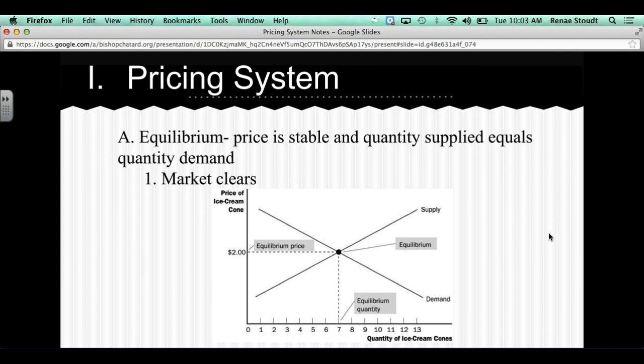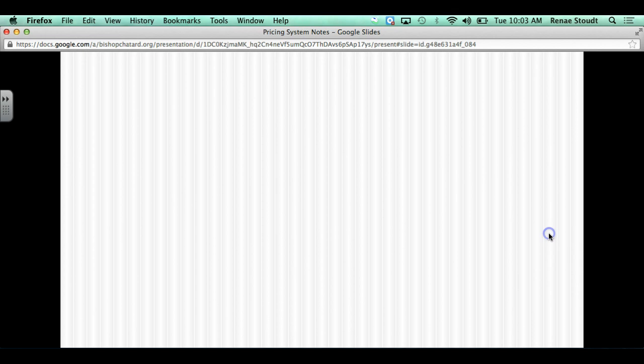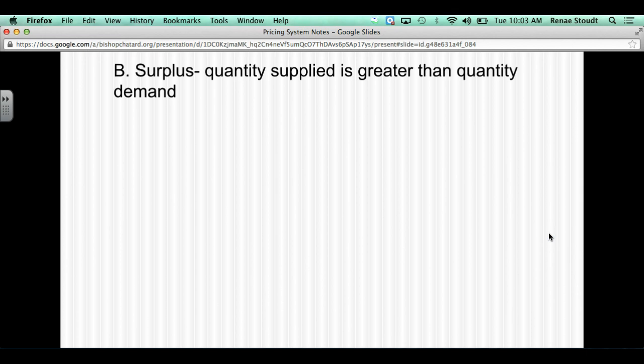Now, like I said, there's one point on here that's equilibrium. That's where you want to be. But you aren't able to be there all of the time. Okay, so sometimes you have something called a surplus. This is where the quantity supplied is greater than the quantity demanded. So if I go into an actual store, how can I tell that they have a surplus?